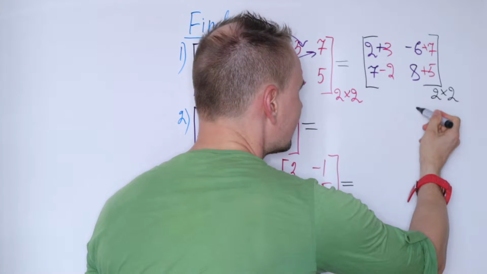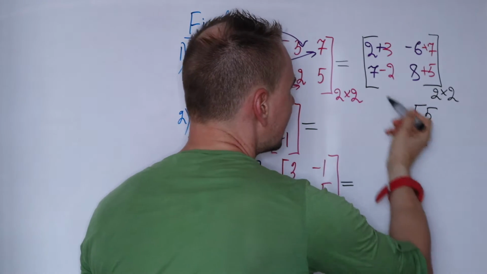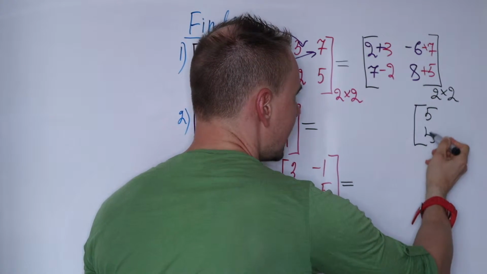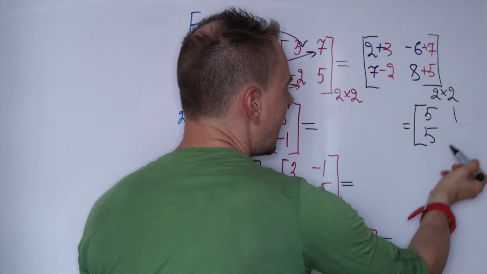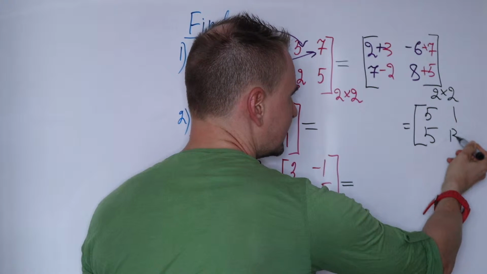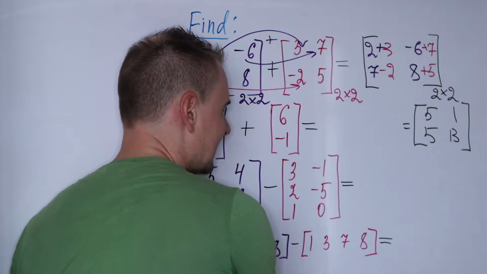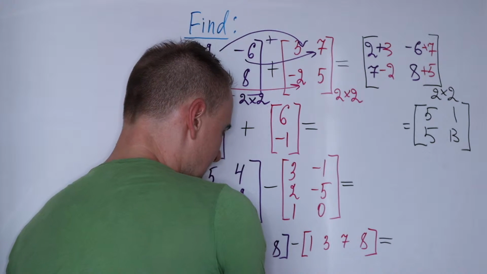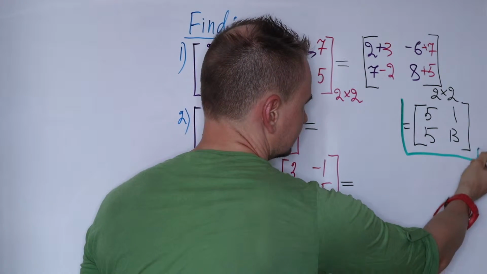So your resulting matrix becomes 2 plus 3, 5. 7 minus 2, 5. Negative 6 plus 7, 1. And 8 plus 5 gives you 13. So that's your sum, that's your resulting matrix for these two.